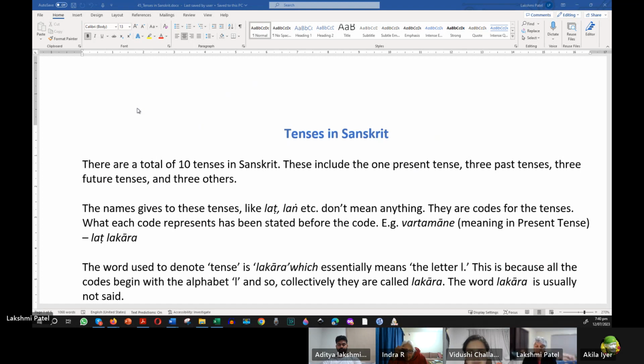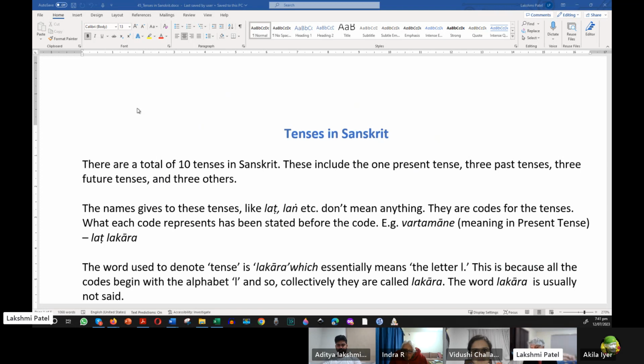Now, because all these names start with the letter L, they are called lakara. Lakara means letter L.